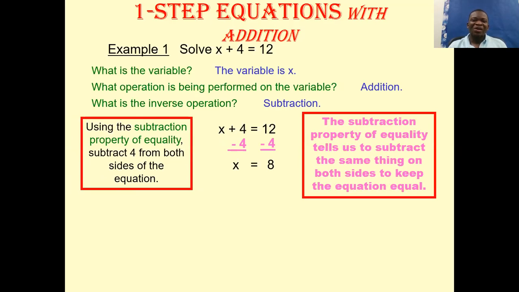Once you are done, you've got to check whether your answer is correct. And you do this by rewriting the original equation and substituting the value of x equals 8 into that equation.